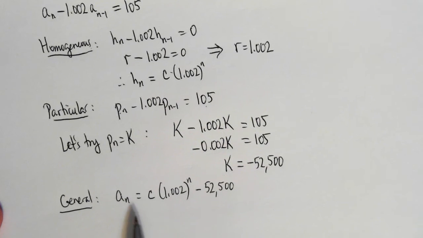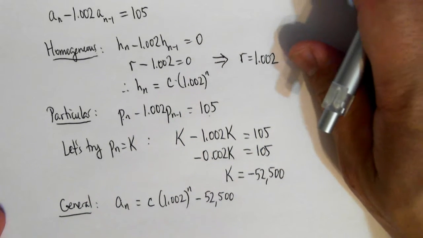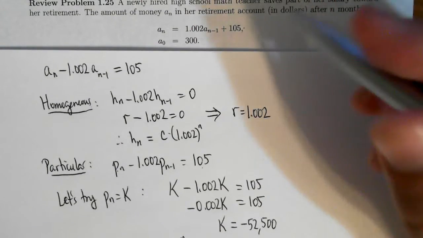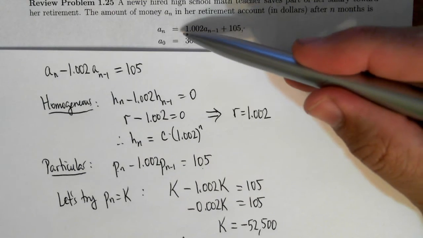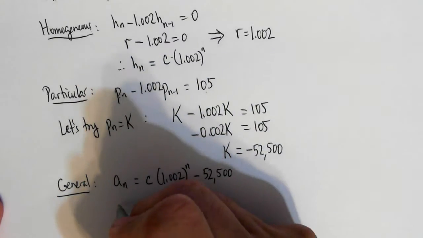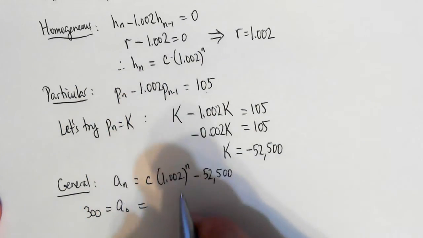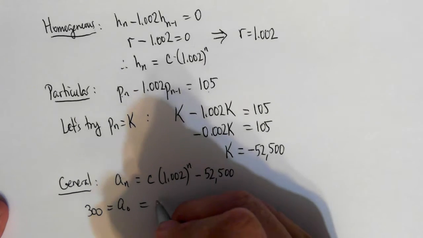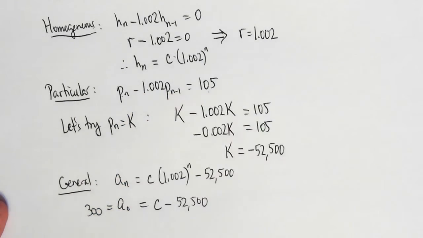Now we still have the one unknown constant c that we need to find. And the way that we find that, we go back to the initial condition here, a sub 0 is equal to 300. So I will plug in n equals 0, and we get that is supposed to be equal to 300. And if I plug in 0 on the right-hand side, we get c minus 52,500.